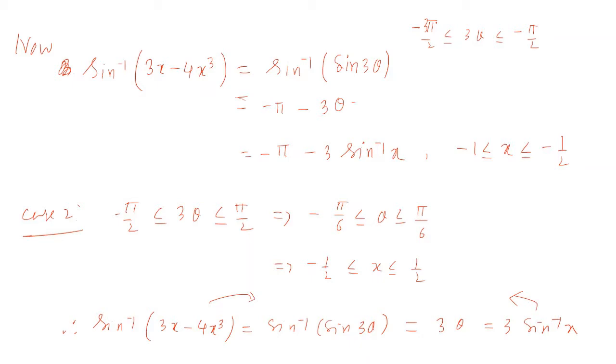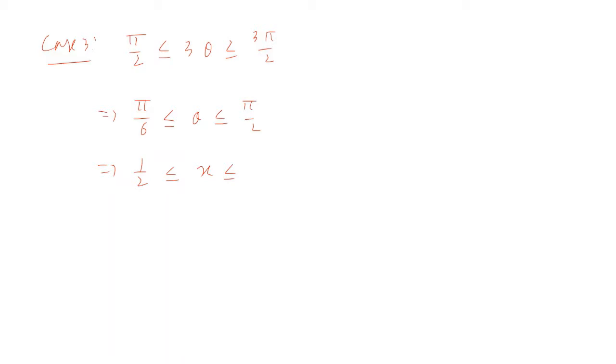So now the last branch, case 3, this time 3 theta is from pi by 2 up to 3 pi by 2, then it will be pi by 6 less than or equal to theta less than or equal to pi by 2 only. And so by taking sine, it is half less than or equal to sine theta, which is x, less than or equal to sine pi by 2, which is 1.